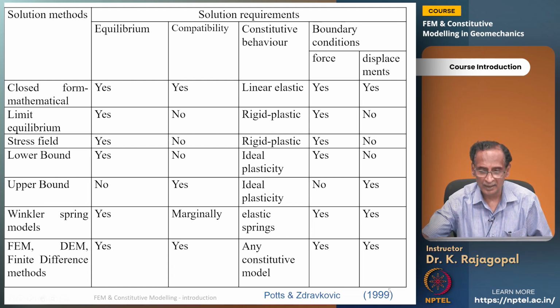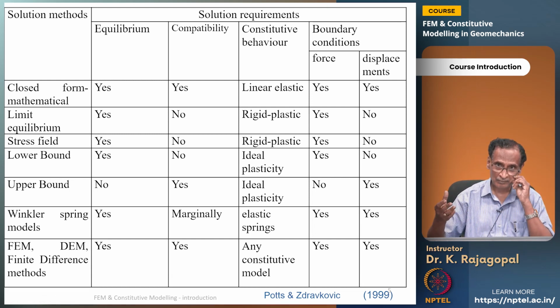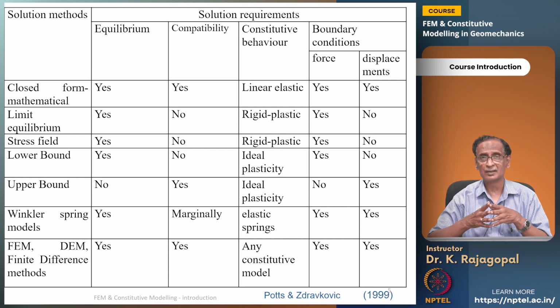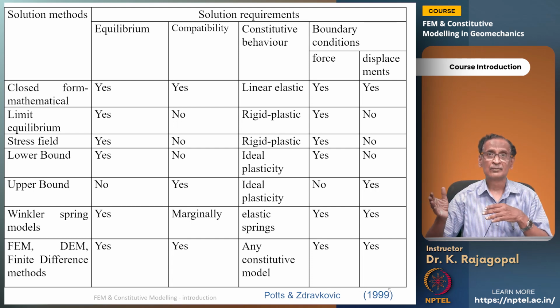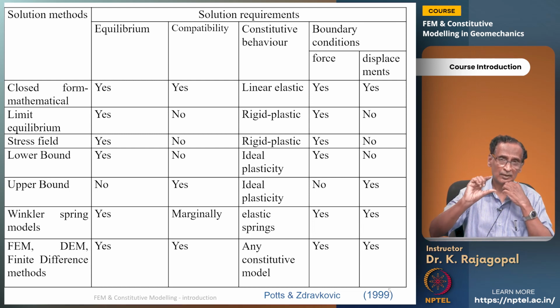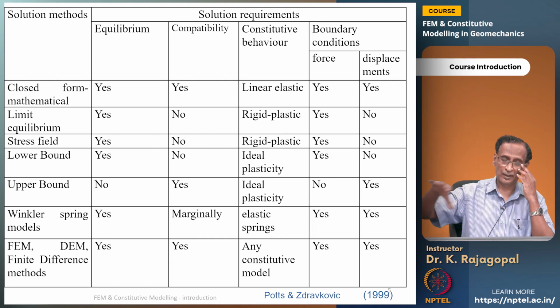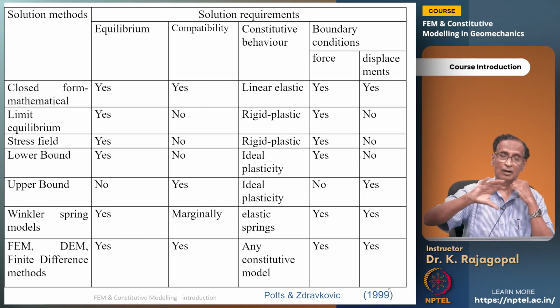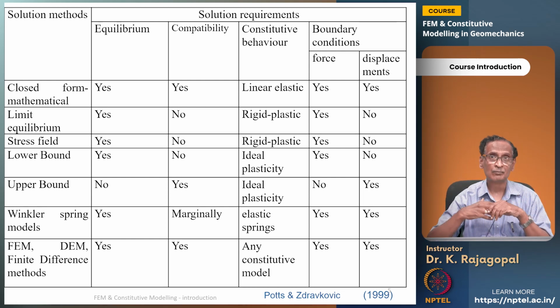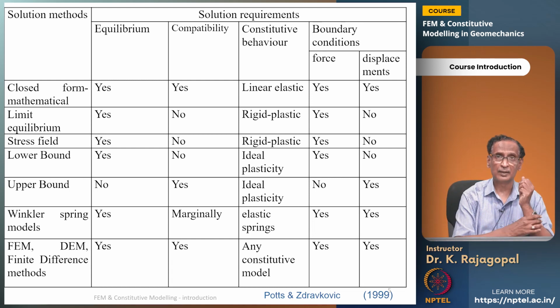And for the constitutive behavior, we have only elastic springs, or at the most we can put some nonlinear springs, and the displacements that we get may not exactly represent the reality, because the Winkler spring has only one simple spring, whereas a soil may have different layers, say soft layer, hard layer and another hard layer and so on, and we will not be able to replicate all these layers by means of one single spring.